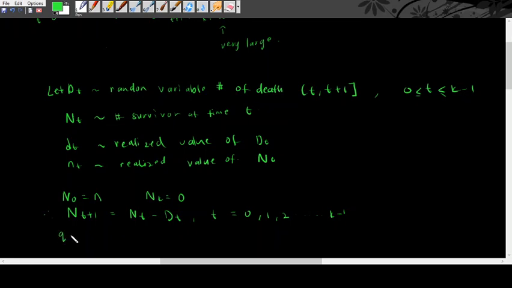We can also say that qt is the conditional probability of death in between t and t plus 1, and pt is 1 minus qt.